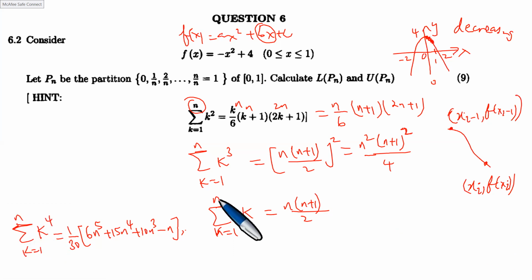So you have the capital M and then you have small m. Which one is the big M? At this point, it's going to be the one that occurs before, which is f(x_{i-1}).